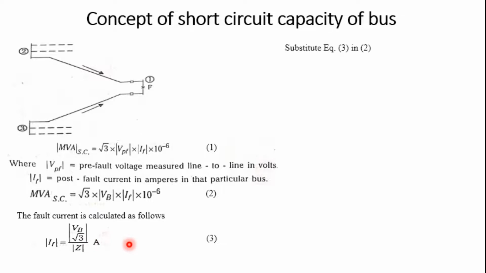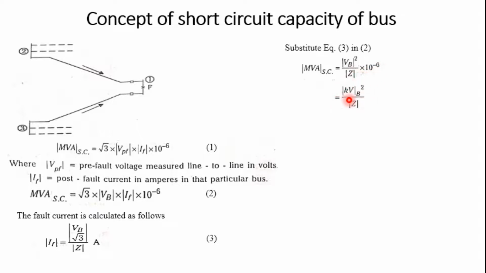Substitute equation 3 in equation 2, that is IF is equal to VB by root 3 divided by Z. By substituting this we get VB square divided by Z into 10 to the power minus 6.